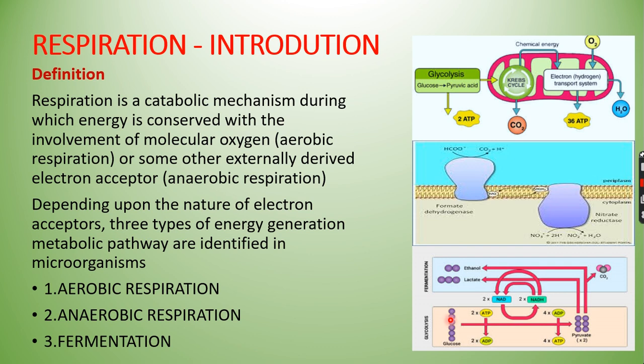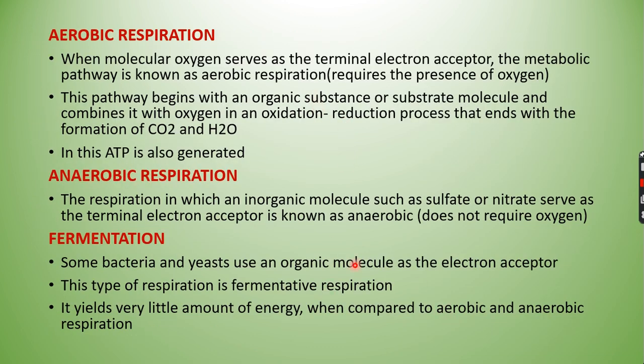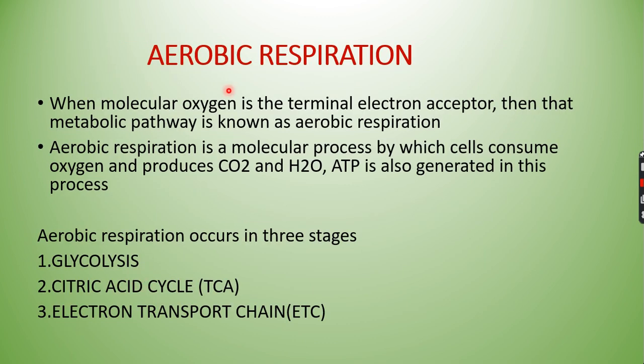So this is what I explained about aerobic respiration, anaerobic respiration and fermentation. We will begin with aerobic respiration, and in a separate part we will go through anaerobic respiration and then fermentation. So let's begin with aerobic respiration.